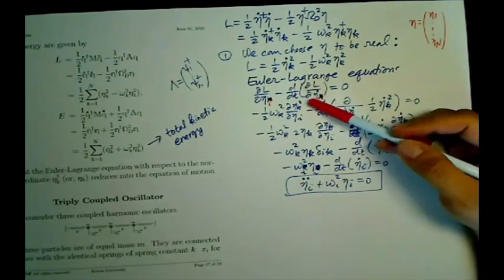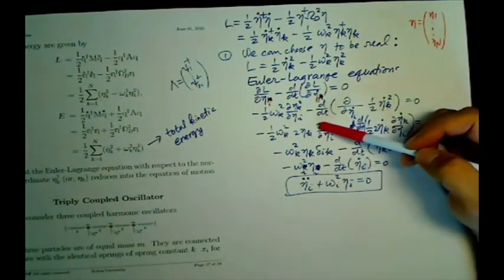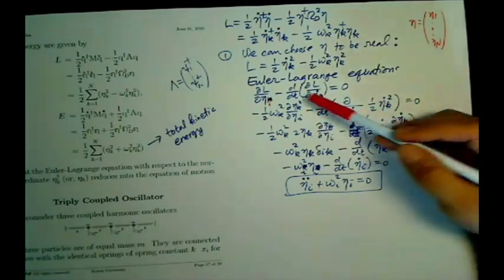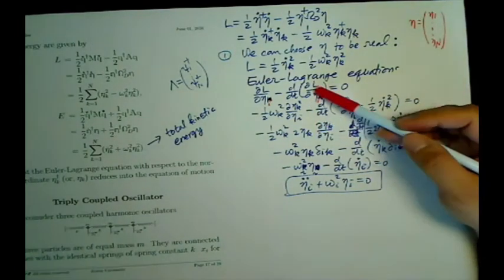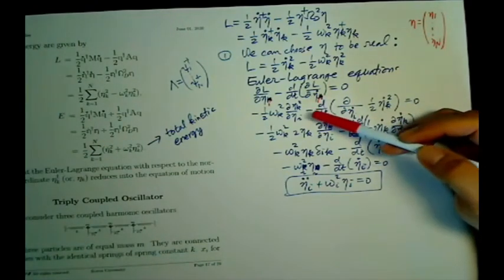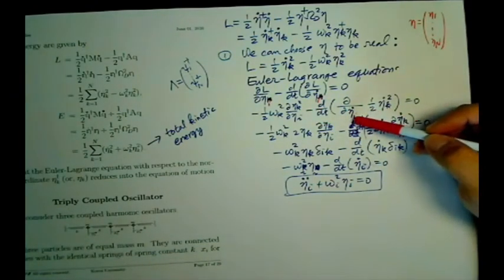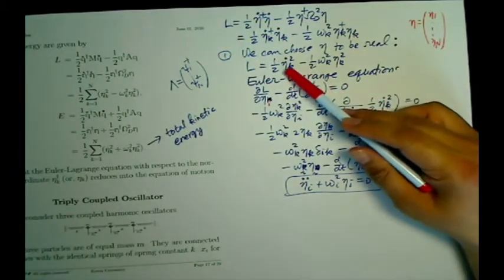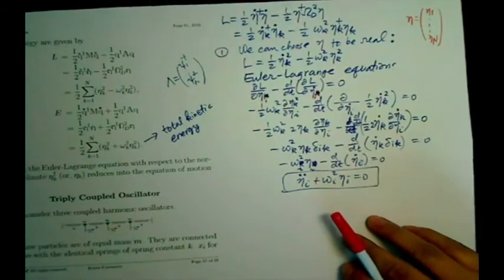The next piece is minus the time derivative of the partial derivative of the Lagrangian with respect to the time derivative of the normal coordinate eta I. So this derivative for the kinetic energy appears here.